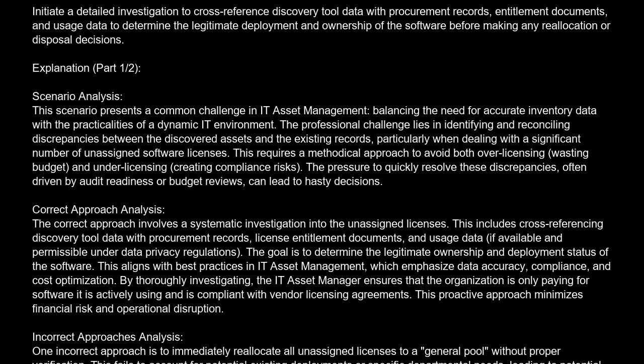Incorrect approaches analysis. One incorrect approach is to immediately reallocate all unassigned licenses to a general pool without proper verification. This fails to account for potential existing deployments or specific departmental needs, leading to potential under-licensing if those licenses were already in use, or over-licensing if they are not needed.